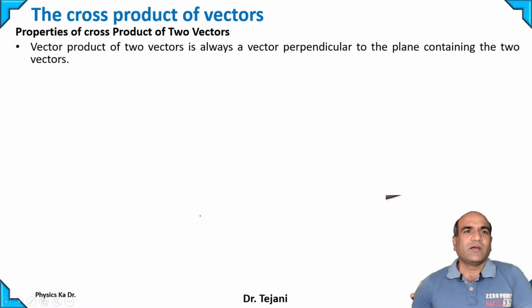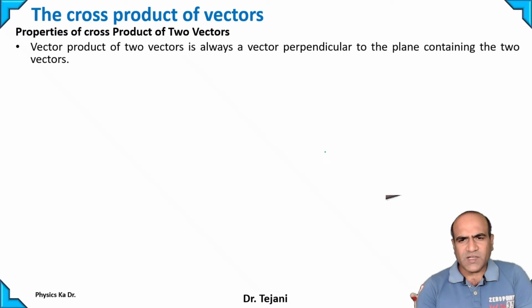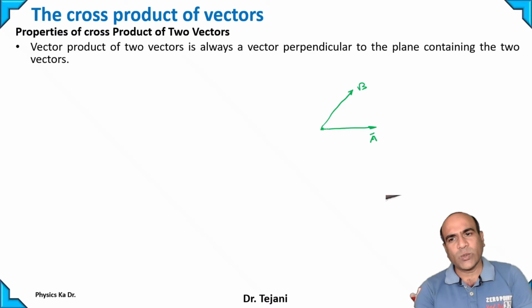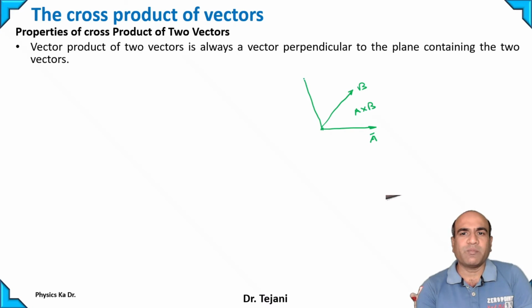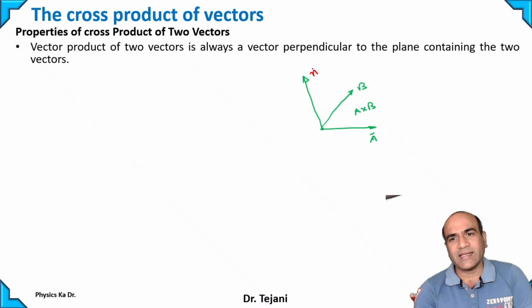Now, let us understand various properties of the cross product of two vectors. See, the first property is very well known to us. Say this is our vector A and this is vector B, so there is a resultant vector of A cross B. It is always perpendicular to both A and B, and that direction is n cap.